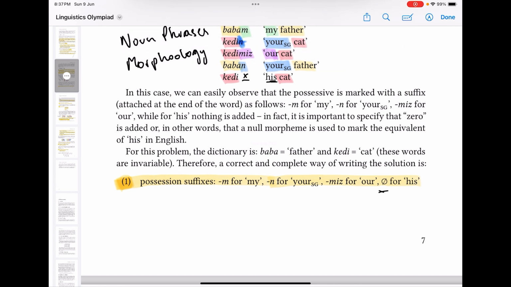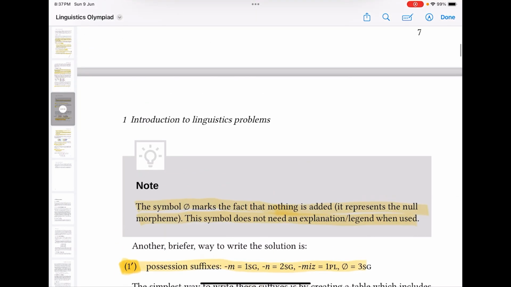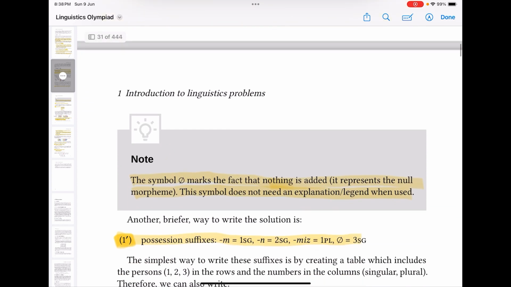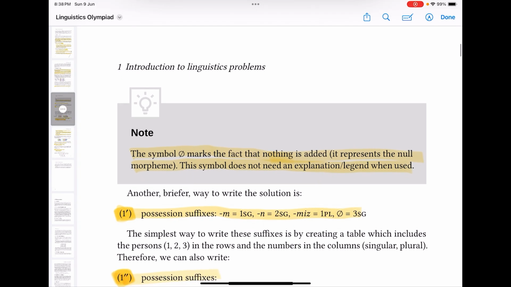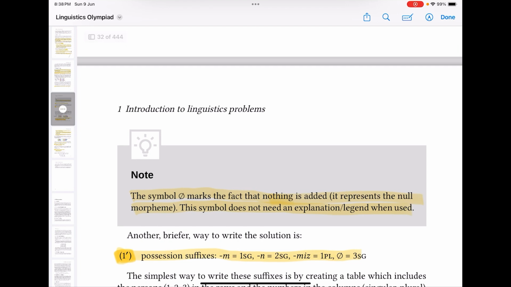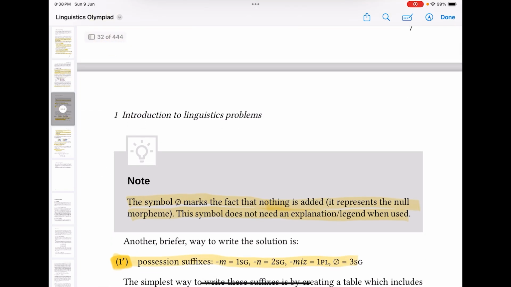An explanation to this is also written, which you can see now. This can be written more simply so that the person reading the solution knows we know linguistics. So my can simply be written as first person singular, your singular can be written as second person singular, and R can be written as first person plural, that means me referring to a group.